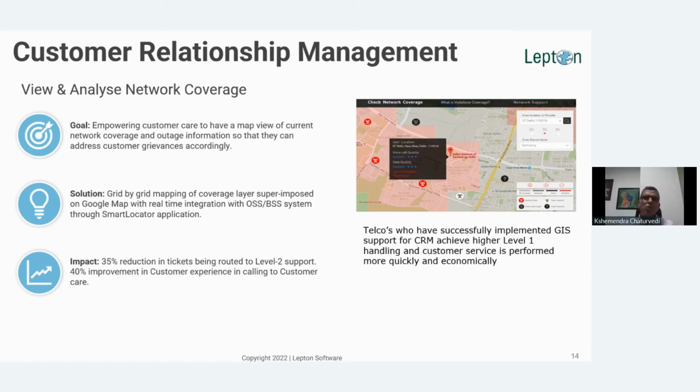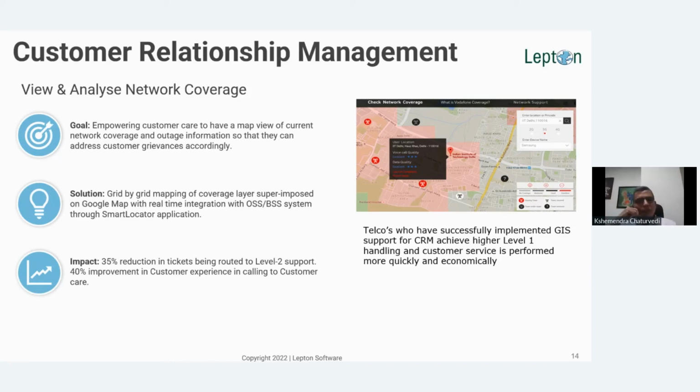Customer should be able to see, okay, how much is the coverage in their area? Where is the nearest site? Is your area covered with 1 Gbps coverage, or is it covered with 2 Mbps coverage, the example that I gave in the previous use case? Your customer should have the power to actually see your service area.